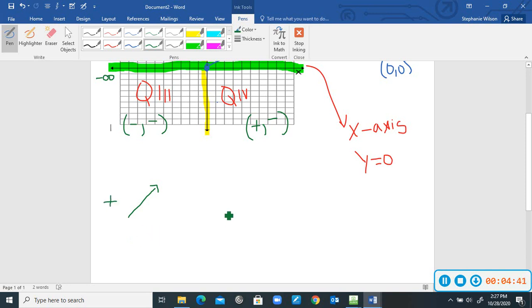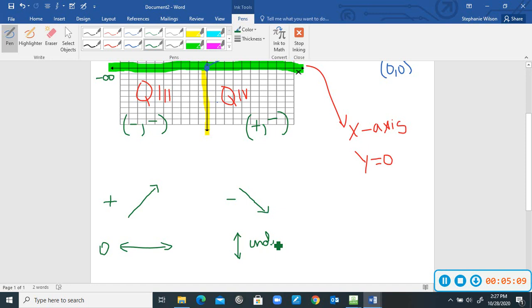We may have a slope that goes down left to right. That is a negative slope. And then we might have one that goes straight across, which is horizontal. Then that means my slope is 0. If my line is a vertical line, then that means it's an undefined slope.